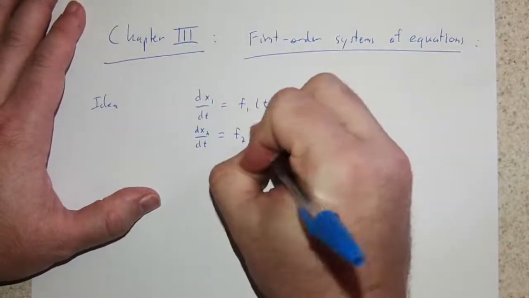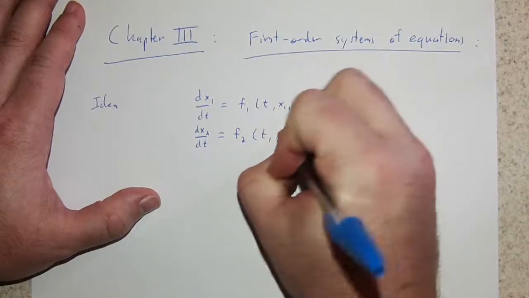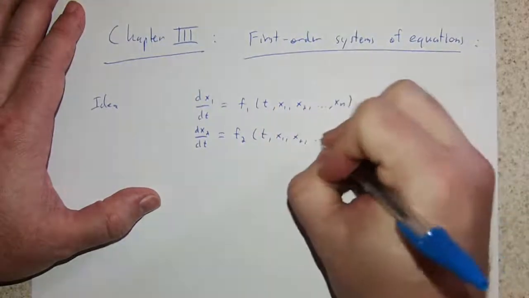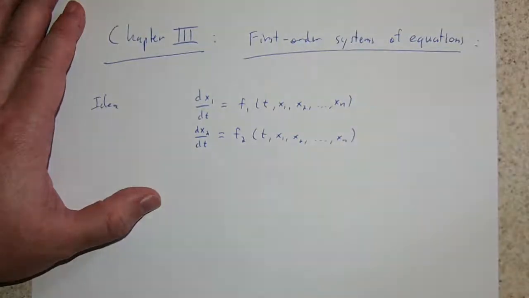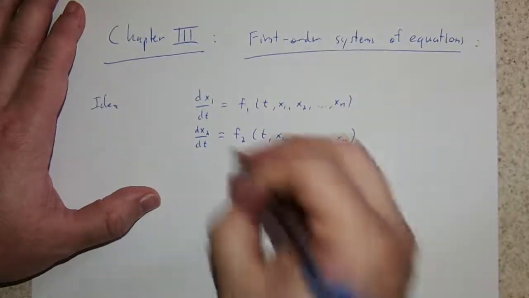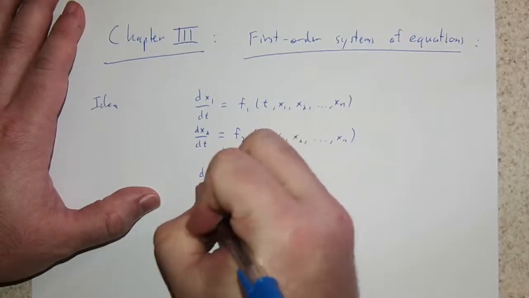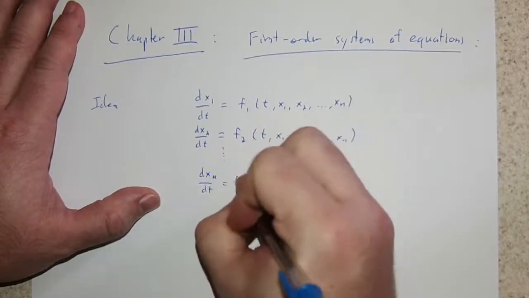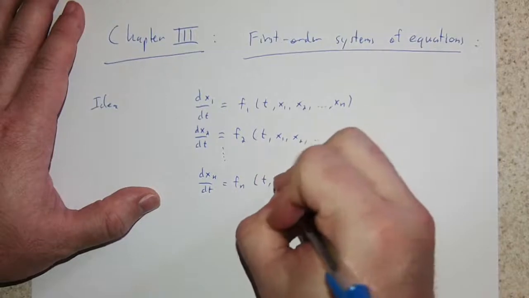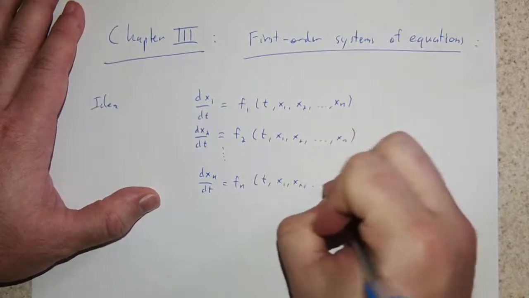That is equal to some second function which depends on t, x sub 1, x sub 2, all the way out to x sub n. And this goes all the way down to dx sub n dt is f sub n of t, x sub 1, x sub 2, all the way out to x sub n.